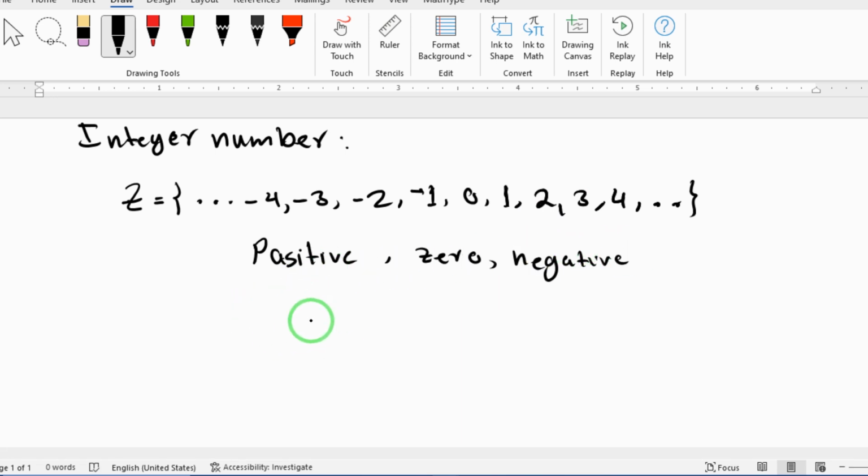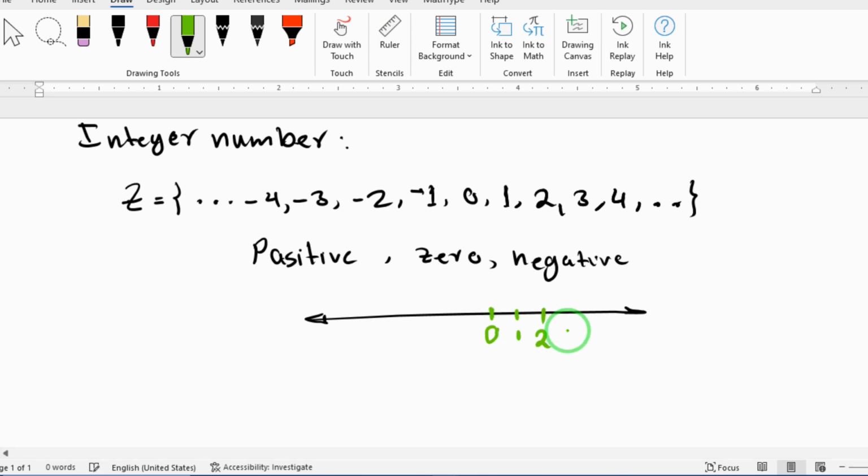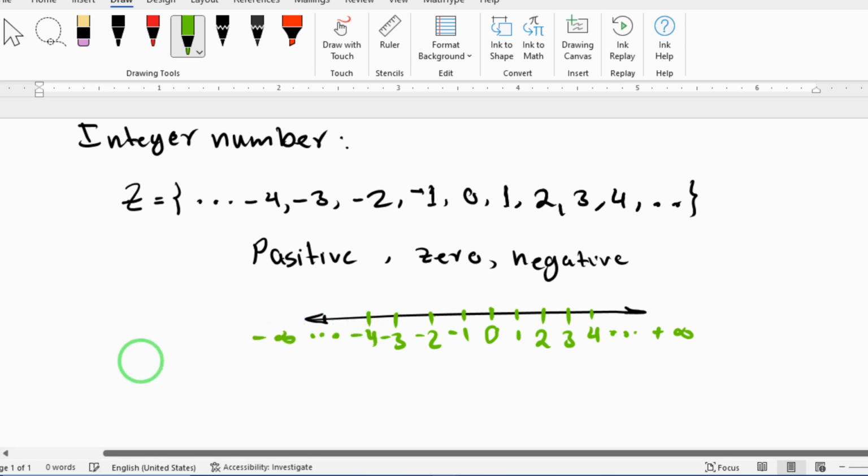Also, we can present them on a number line. For example, here is 0, here is 1, 2, 3, 4, and so on up to infinity. Here is minus 1, minus 2, minus 3, minus 4, and so on up to minus infinity.